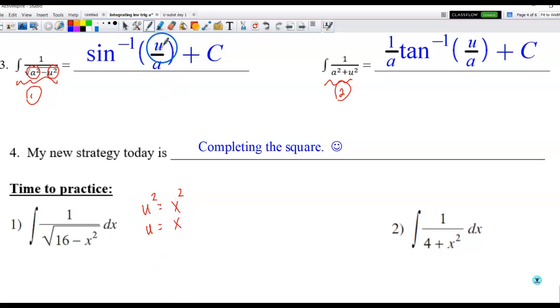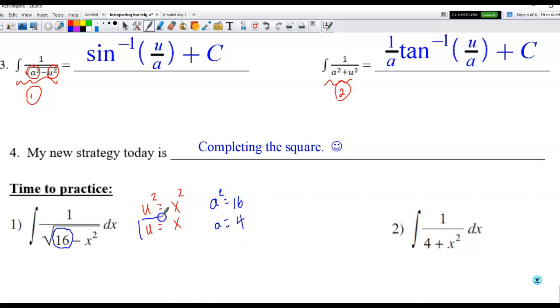Because you can see in my formula, I need u and I need a. Then I'm going to take the constant of 16. So my a squared is going to be 16. Therefore, taking the square root of both sides, a is 4.